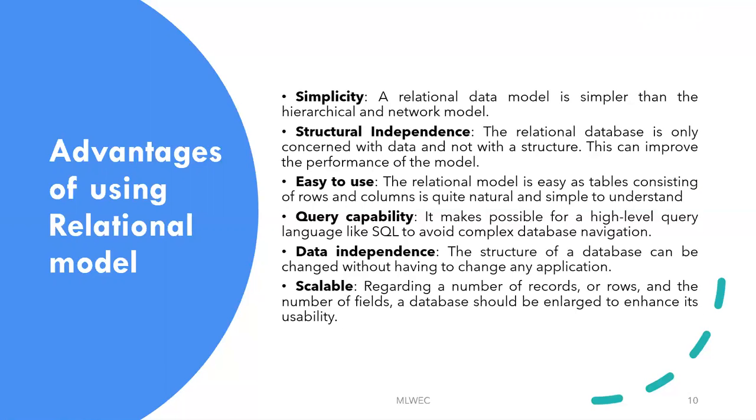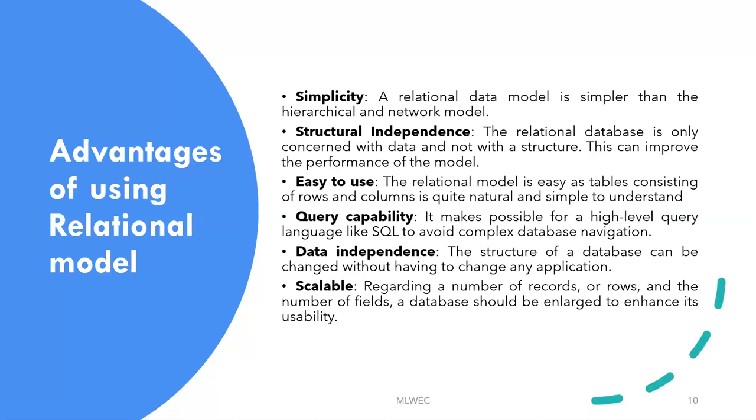Simplicity: the relational data model is simpler than the hierarchical and network models because there we are using pointers, and it is like a tree structure. In the hierarchical model we have to understand the entire parent-child relationship, a somewhat complex procedure compared to the relational model.